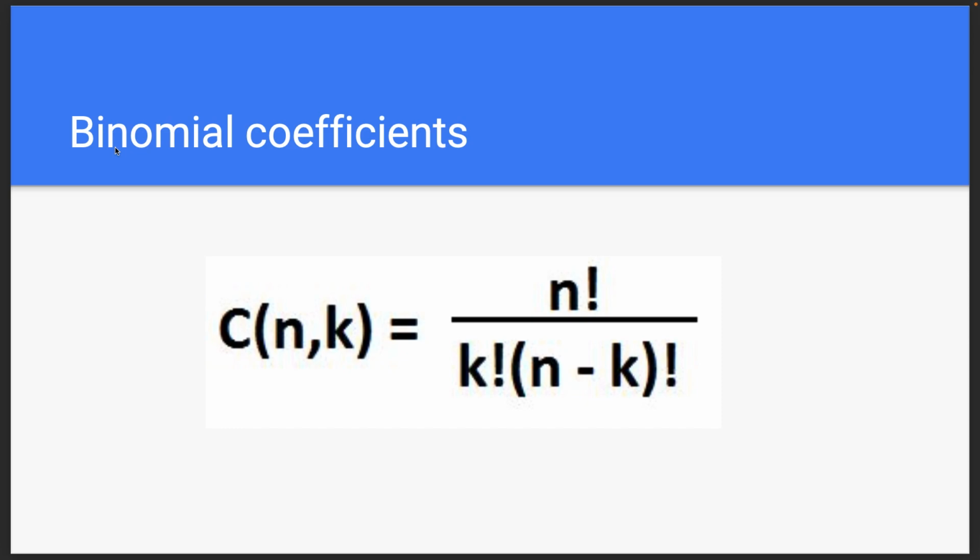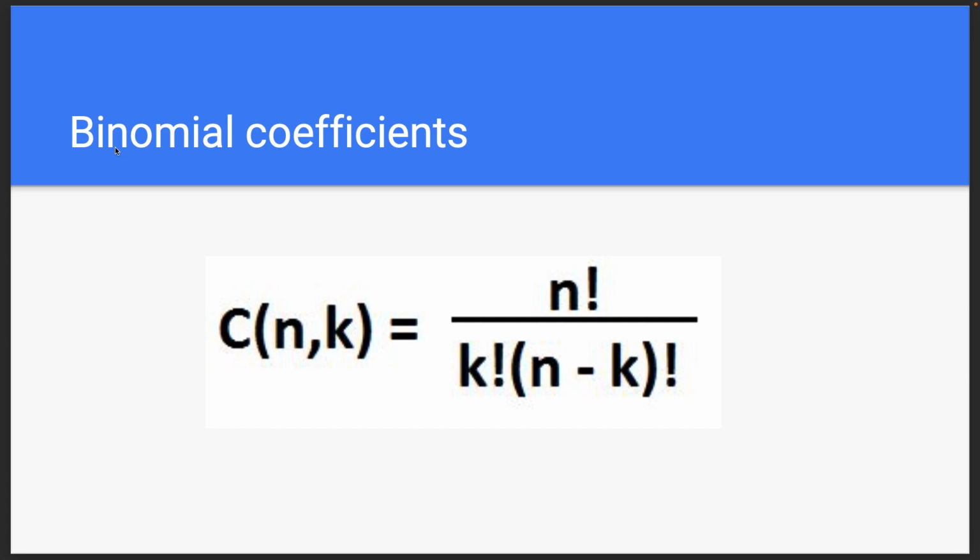It's actually from choosing an arbitrary permutation of all the numbers and deciding to only pick the first k elements. That would be n factorial. But for each possible way, we counted that way k factorial multiplied by n minus k factorial.